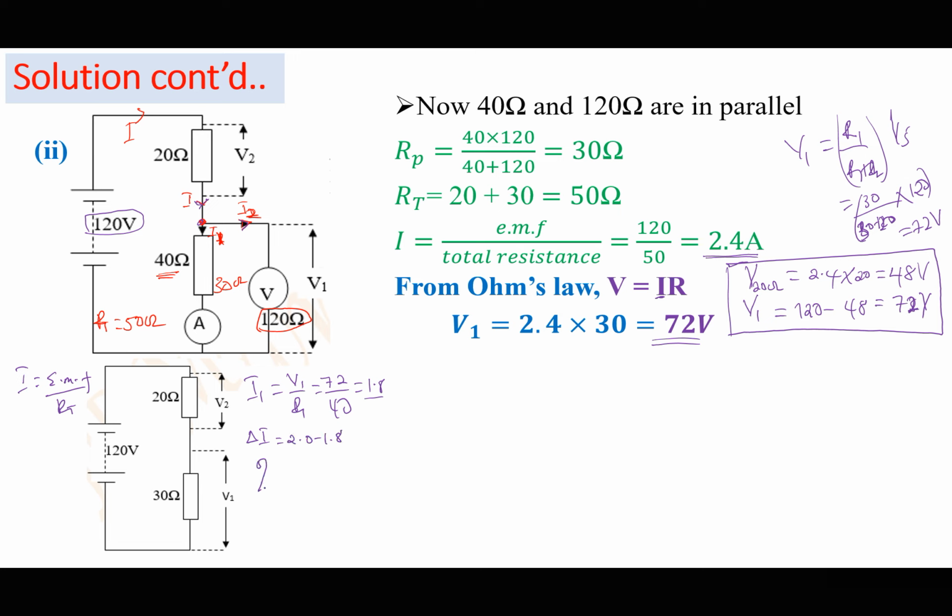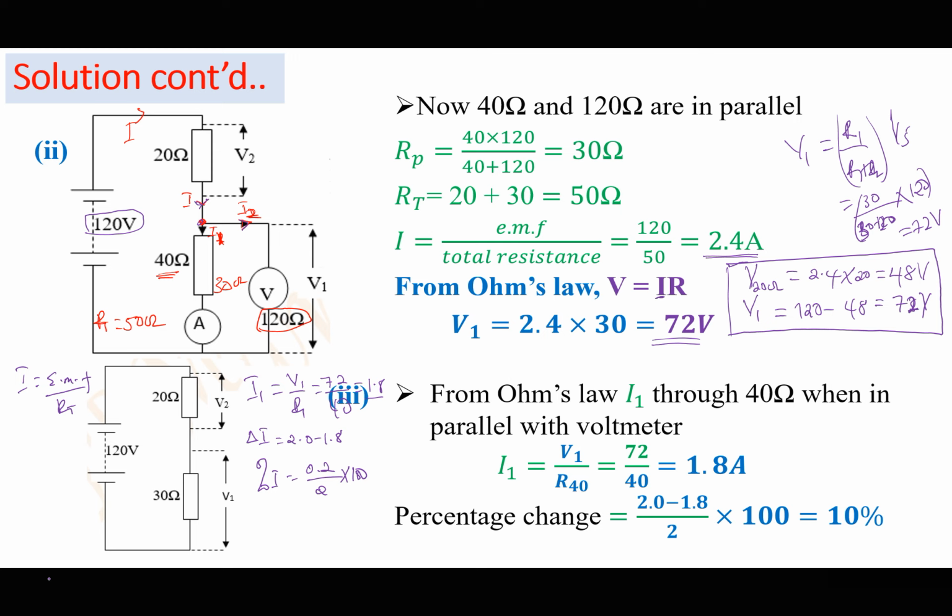So we can now find the percentage change in current, which would be 0.2 divided by the original current, which was 2, then times 100. So from Ohm's law, we get the new reading of the ammeter to be 1.8. Remember, the first reading was 2.0 amperes. And then we find the percentage change in the current, which is 10%.